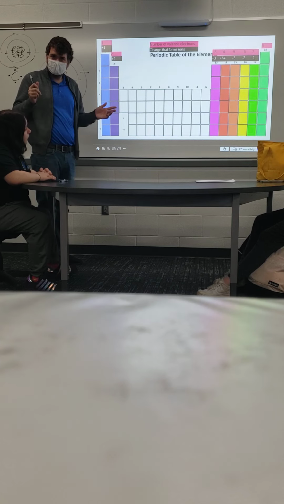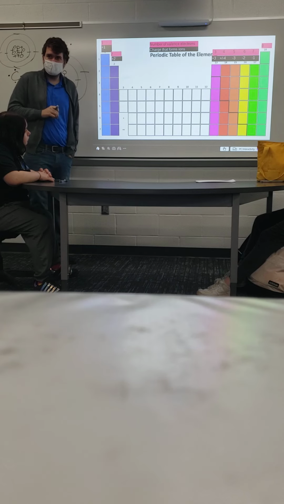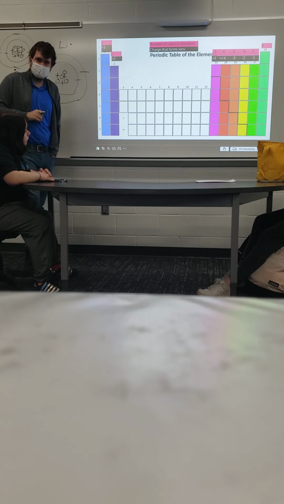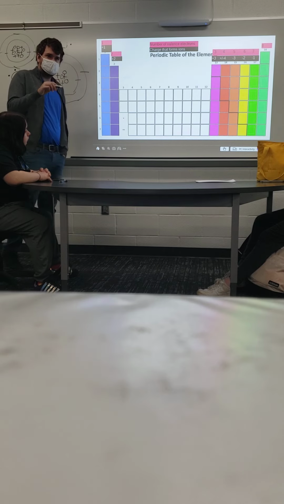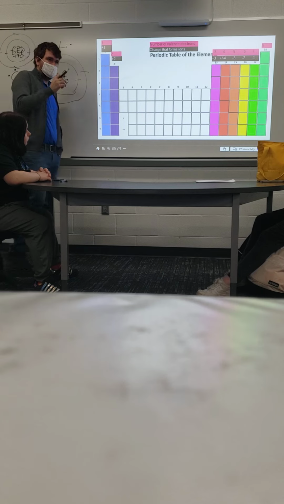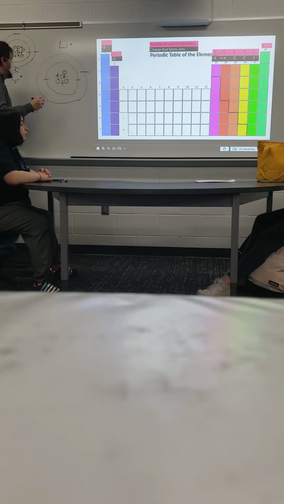But can you guys figure out how many it has? How many dots do you think it would have? 4? That's a good guess, because that's its atomic mass, right? What do you think, Ethan? 1? Almost.